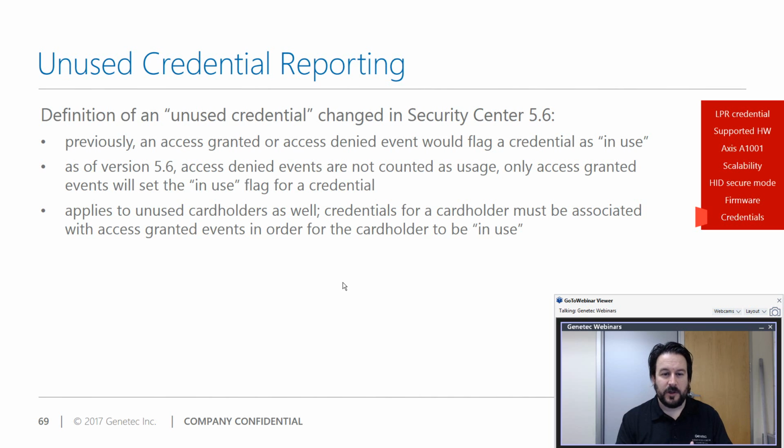So it's not considered in use because it wasn't actually used on a valid transaction. When you run your report now, you'll be able to see realistically which credentials are really in use and actually being used on doors and getting access granted events.